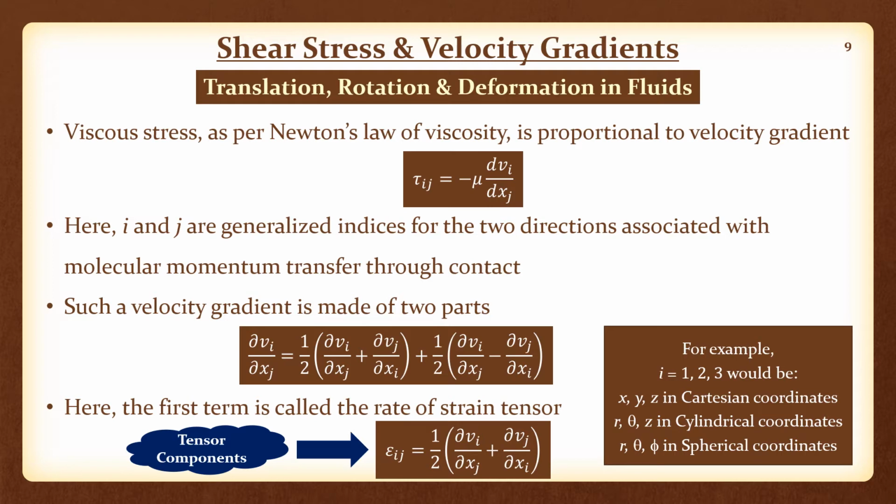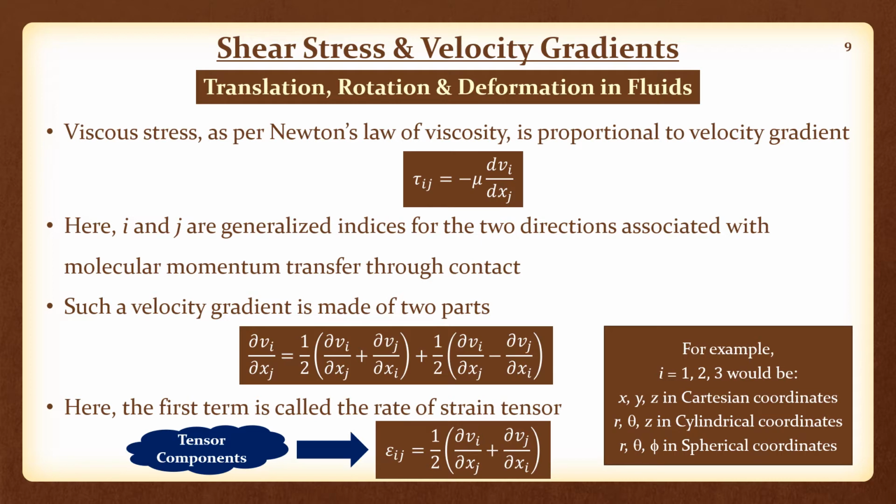In cylindrical coordinates, this would be r, theta, z. In spherical coordinates, this would be r, theta, phi. And if you looked at any other general orthogonal coordinates, it would be 3 terms, whatever you define them to be, the independent variables representing those coordinates, right?